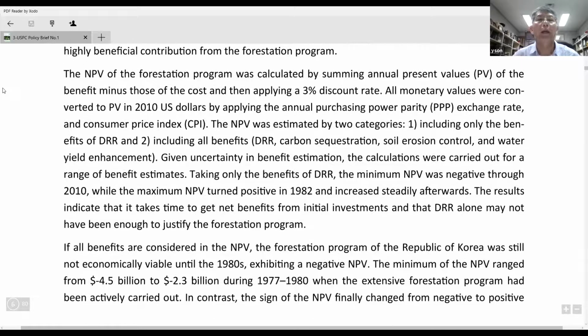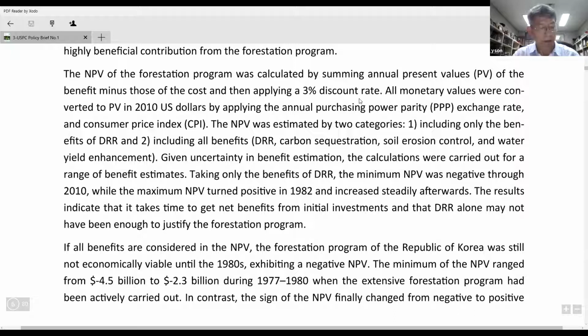Okay, and we calculated NPV, net present value of the reforestation program, simply calculating by summing the annual present value of the benefit minus those of the cost, and then applied a 3% discount rate.